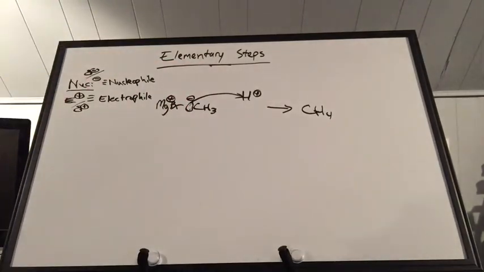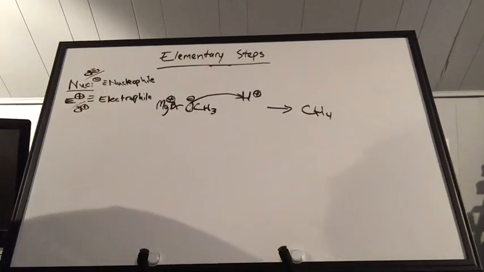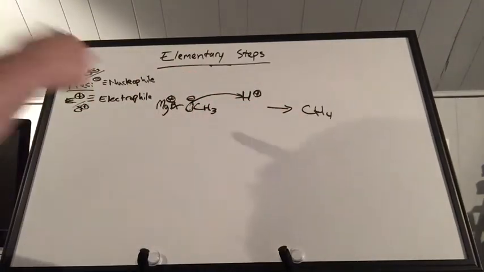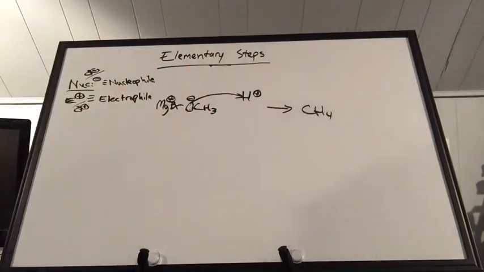Let's say we just use, in place of this, an OH-. Now, it wouldn't be paired up with this magnesium bromide that you see here. That positive charge would be combined with, let's say, sodium plus or potassium plus or something like that. So you generate methane from this picking up an H plus from some kind of acid, right?